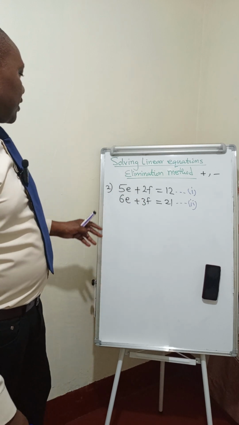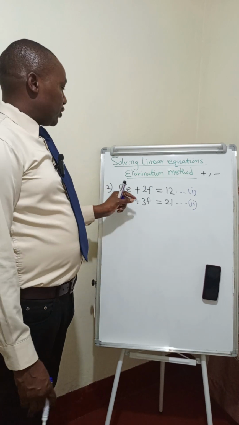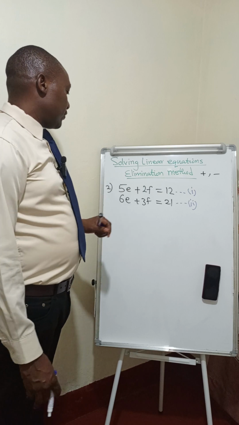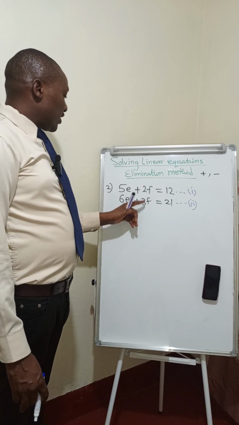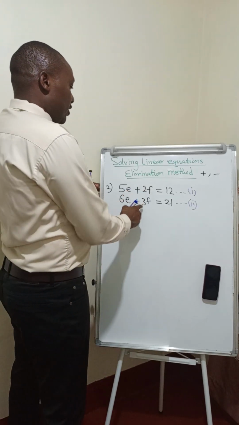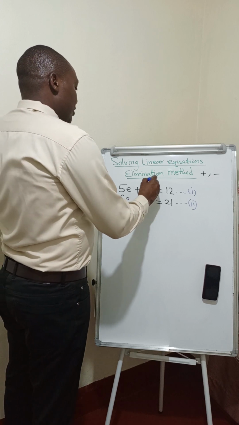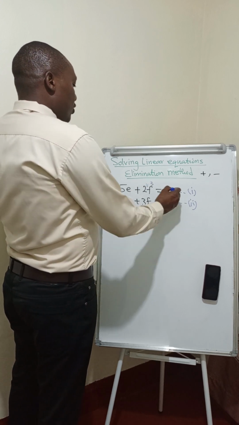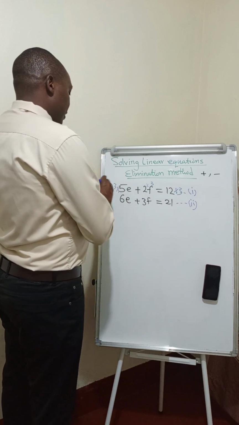I like taking the ones with a small unit, like 2 and 3. If you look at 5 and 6, the LCM will be bigger. So with 2 and 3, the LCM is very easy. The LCM of 2 and 3 is 6. So make this one 6, that is multiplied by 3. Now all these other terms, you have to multiply by 3.